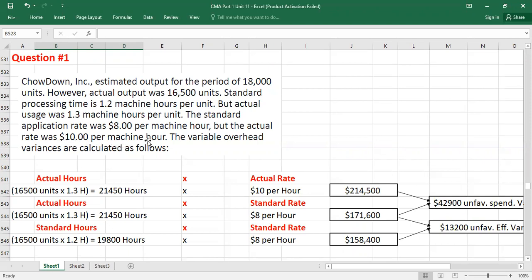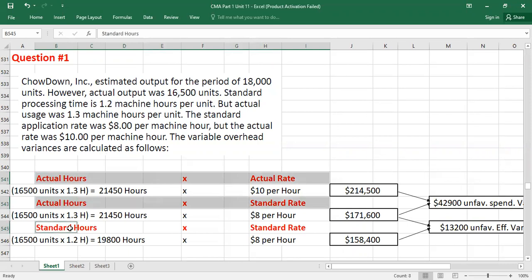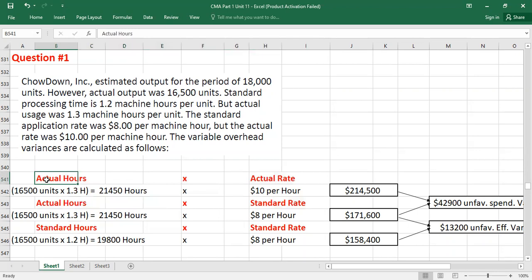So how can we calculate the variable overhead variance now? I'm going to calculate both variances. First we will write actual hours times actual rate. Second line, actual hours times standard rate, and the third line, standard hours times standard rate. For actual hours, you need the actual level of output, which is 16,500 units, given in the question. You multiply it by 1.3 hours, which is the actual time, so you will get actual hours as 21,450 hours.